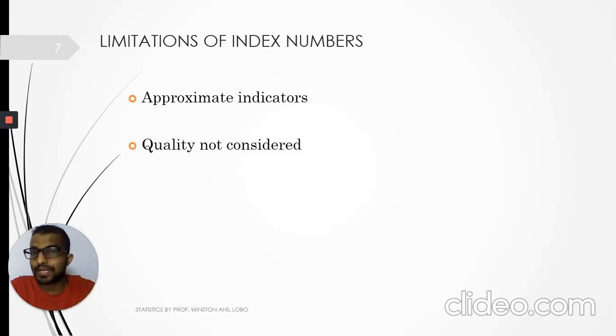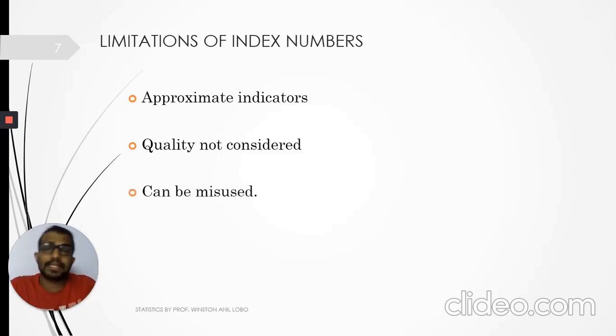Maybe the raw material is very good this time. Maybe there are very good features this time. Maybe it is touch screen and has a lot of features. It has 24/7 charging, a good battery pack, everything. All these qualities might be there. So is quality considered? No. We only say the price has increased. The quality is not considered while calculating index numbers, and this is one of the major limitations.